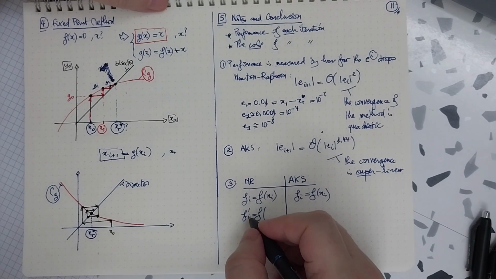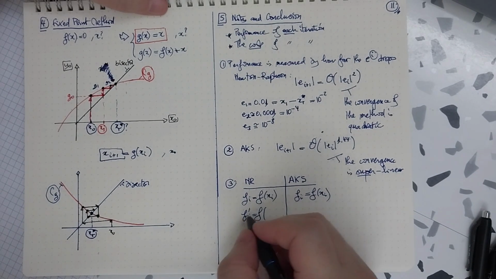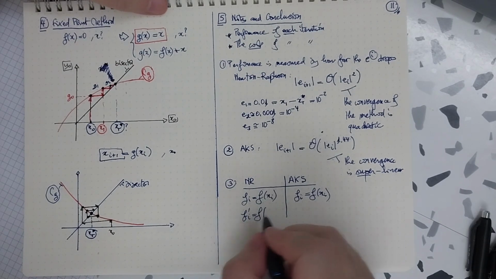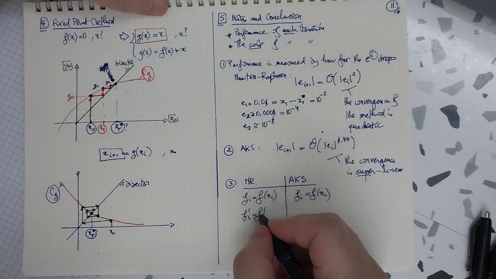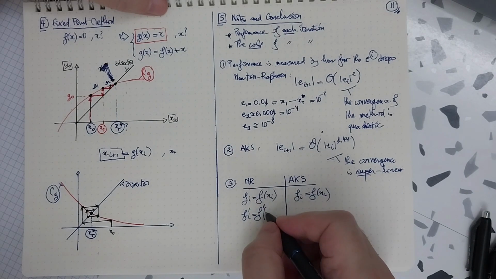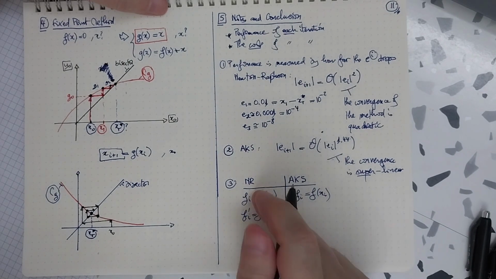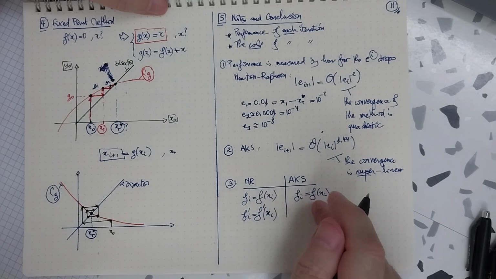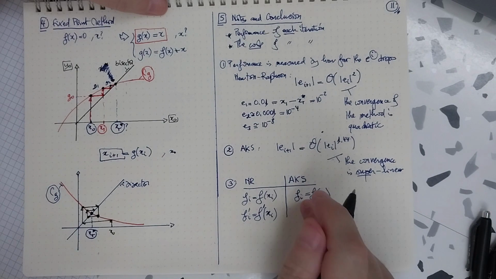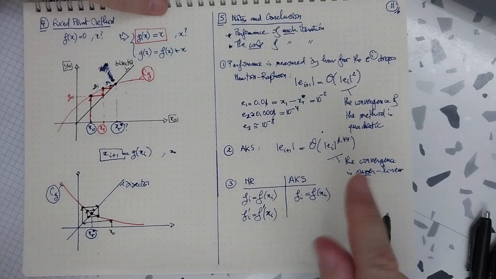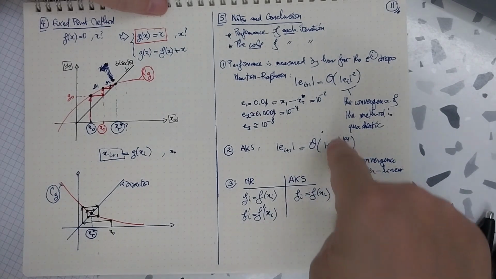Sometimes we approximate it using a method called the finite difference method. But whatever, you need to calculate it. So the step here is at least twice more expensive than the step with Abou Kamel.